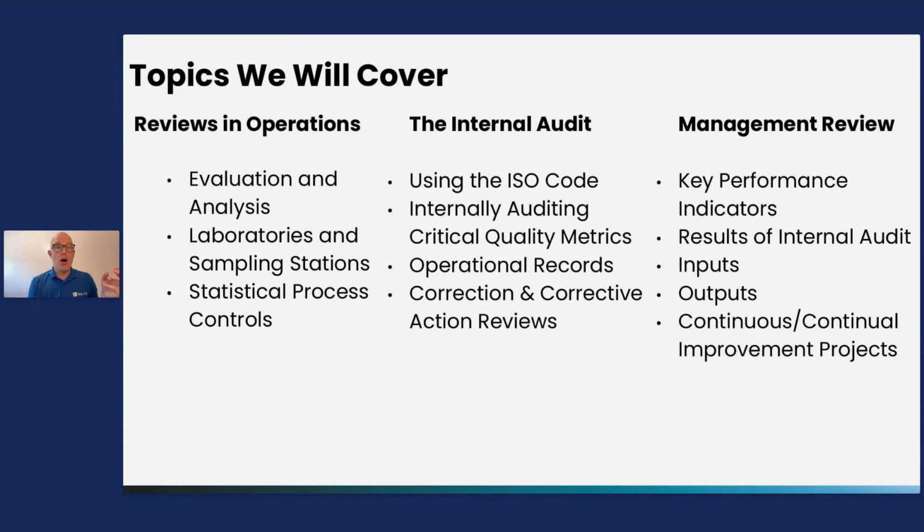So whether a facility is making products or conducting a service, what types of reviews are done while we are completing the operations on a daily or weekly basis. So we're going to be talking about those reviews, and we're going to look at various ways reviews are done and how that would impact ultimately a determination of conformance.